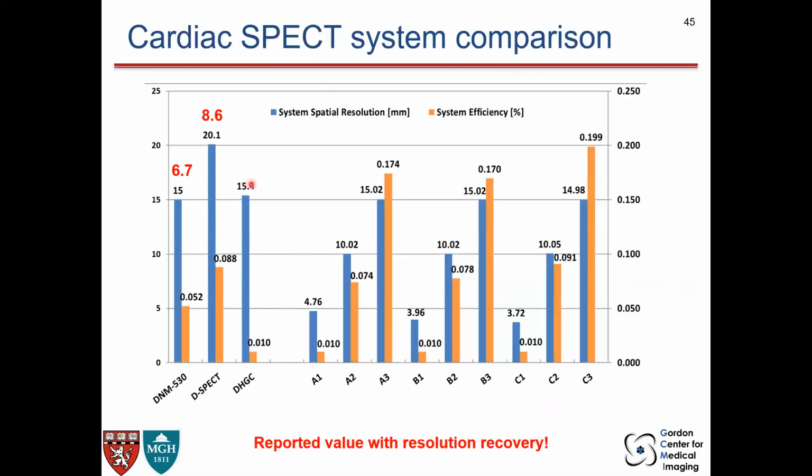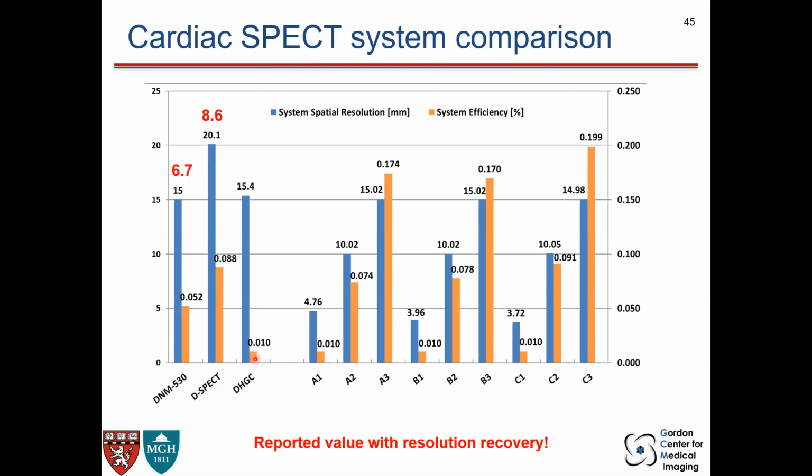And in comparison, the cardiac SPECT system, the effort that is going on at MGH. So different designs, obviously, based on different numbers of detector modules, compared to the main systems: the GE 530, the Spectrum Dynamics, and the dual head gamma camera.